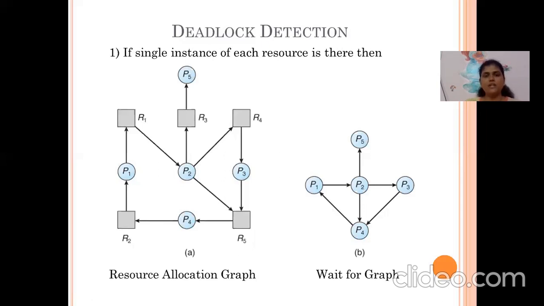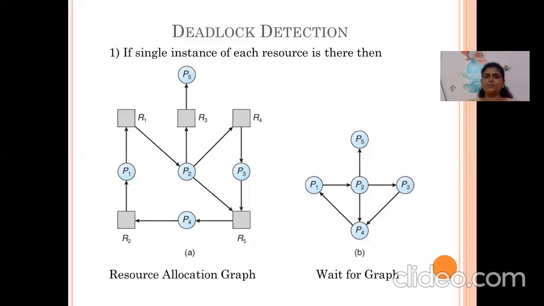This way, we can detect deadlock in those systems in which there is only one instance of each resource. So a resource allocation graph is converted into a wait-for graph, and if that wait-for graph has a cycle, then that cycle will be broken and we will recover from the deadlock.